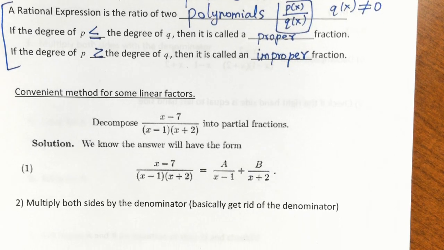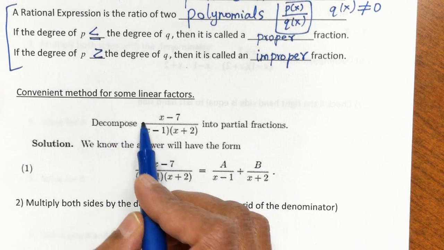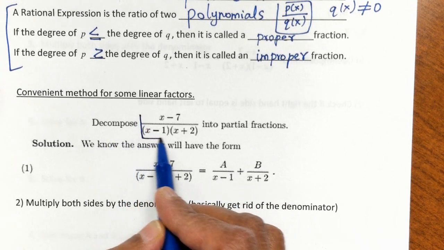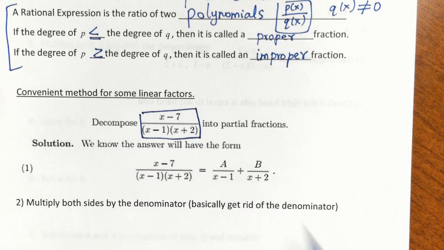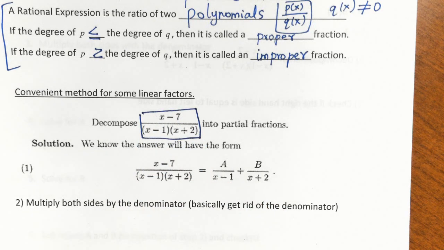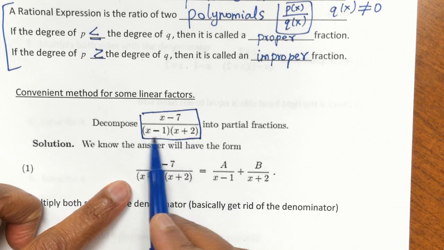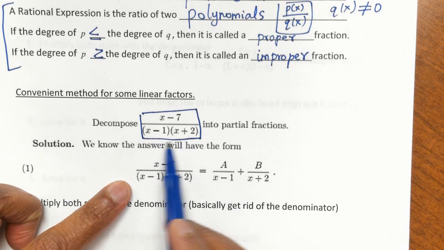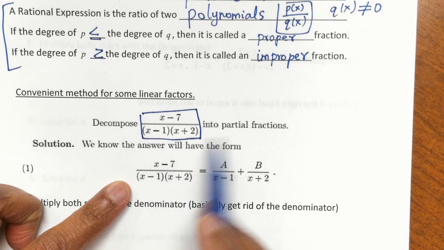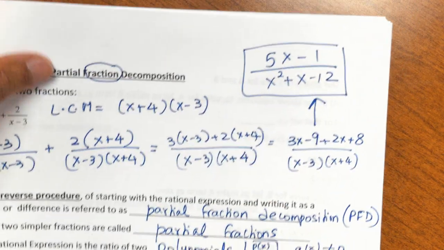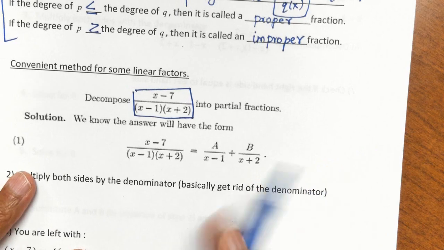Okay. So it says decompose this rational expression into partial fractions. When you're trying to decompose it into partial fractions, this is already given in the factored form, so one step is taken care of. Sometimes they won't give it to you in the factored form, and then your first step will be to factor it, but this is already factored.